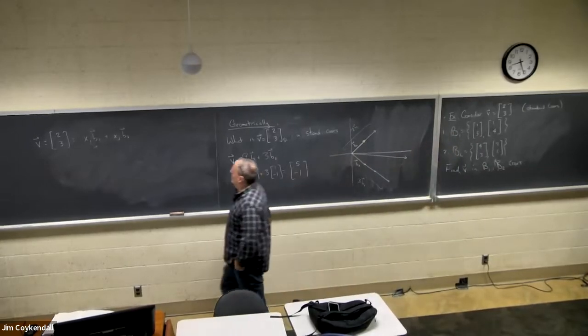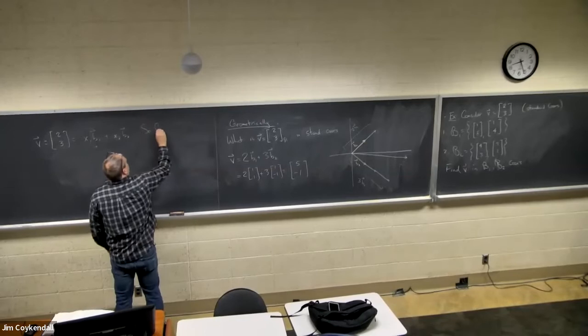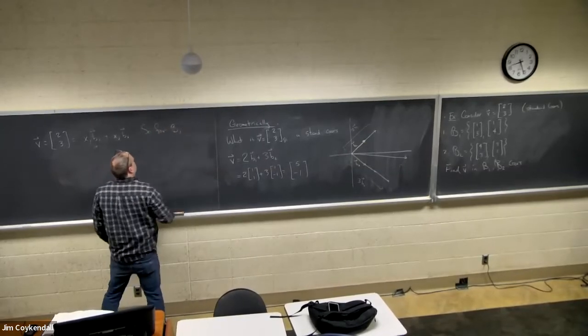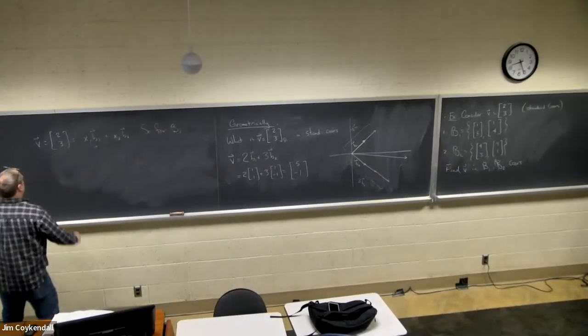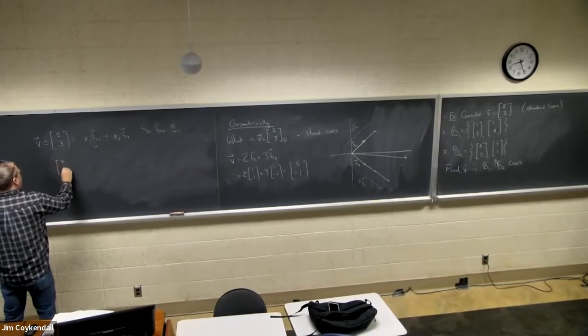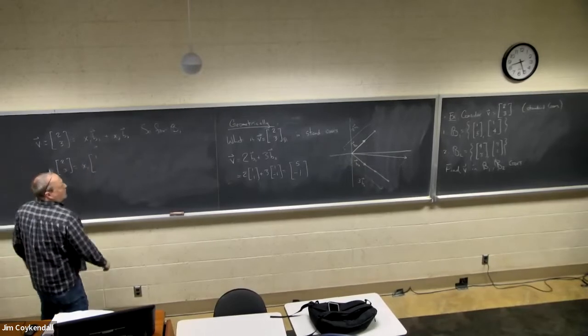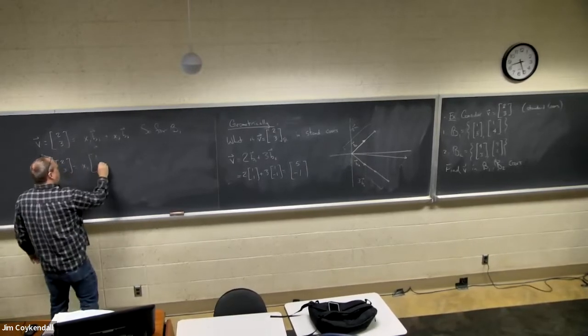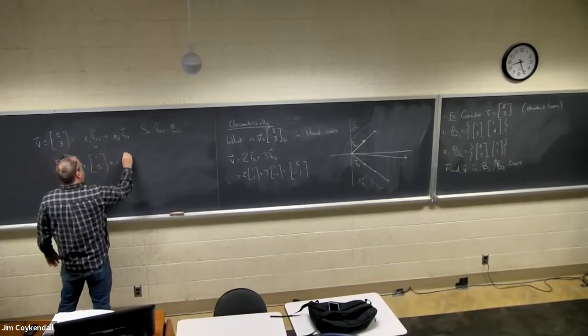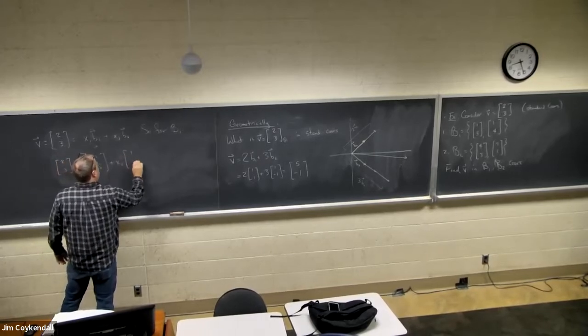So for B1, let's do this here. What we have is (2, 3) is X1 times (1, 5) plus X2 times (1, 4).